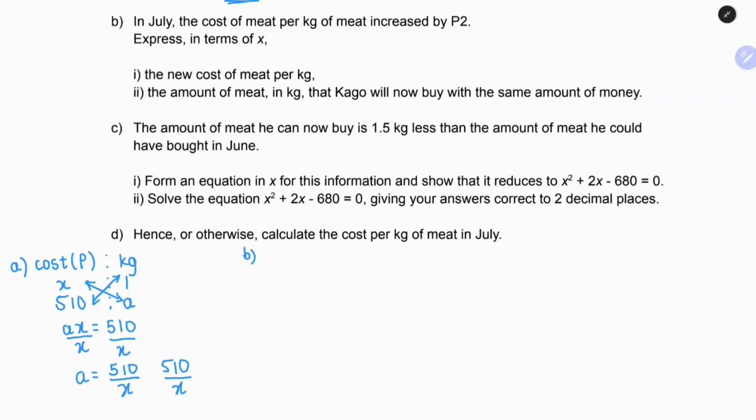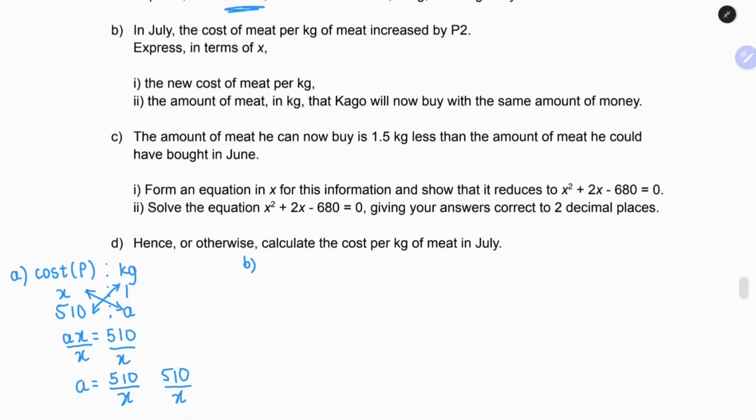So now it says in July the cost of meat per kg of meat increased by 2 pula. Expressed in terms of X, the new cost of meat per kg. Like we've been doing in the previous ones, it's telling us that the cost of meat increased by 2 pula.